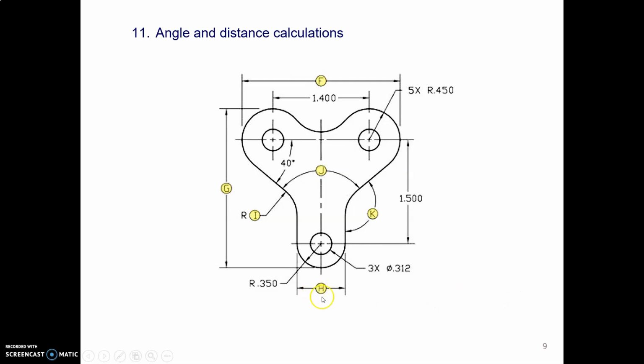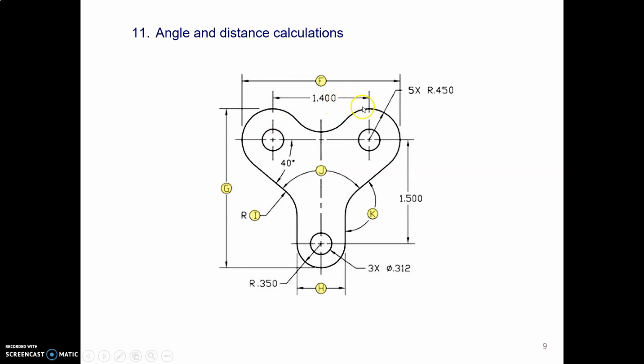Okay, what about H down here at the bottom? We've got a radius of 350 thousandths, but it happens on both sides. So if that radius goes all the way around, 350 thousandths on each side of the center line, how wide is that altogether? Speaking of radii, there are two other things, F and G, to fill in.